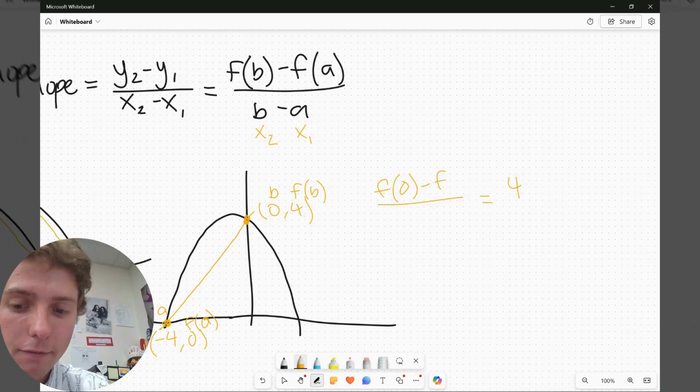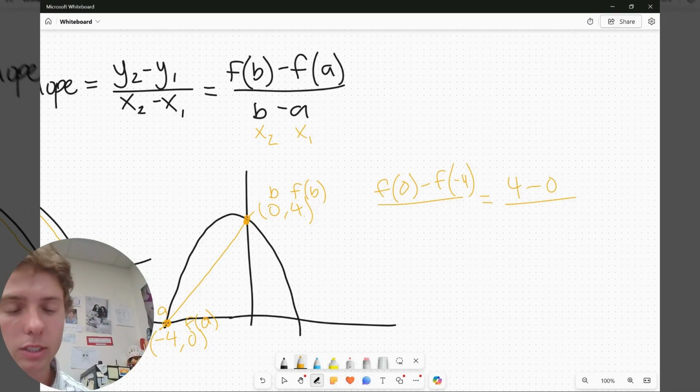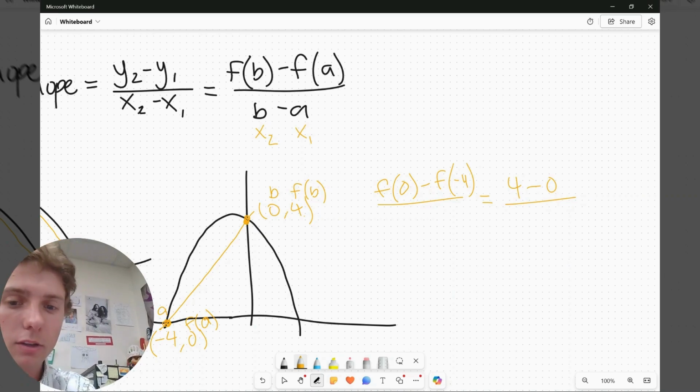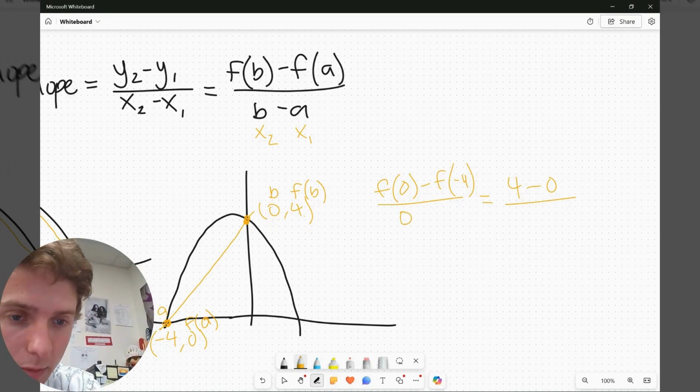We know f of negative 4 is going to give us 0. Realize when we first set this in, we're dealing with it in terms of x values. So the two x values we have, the a and the b value, is f of 0 minus f of negative 4. Same thing on bottom, you take those two values and you have something like this.